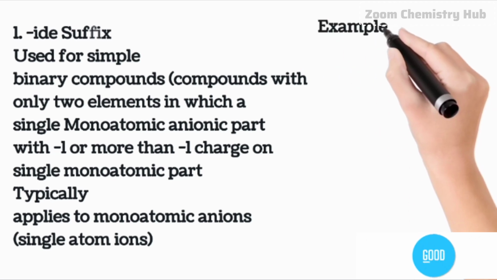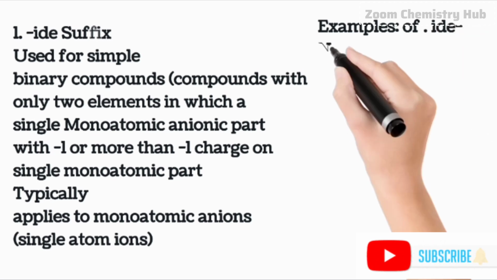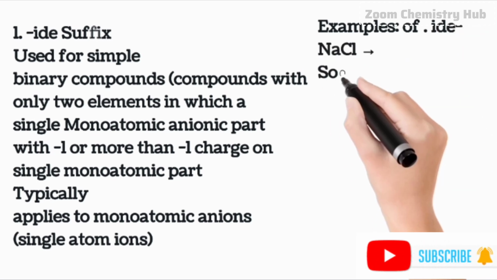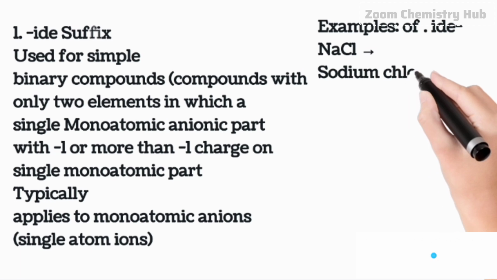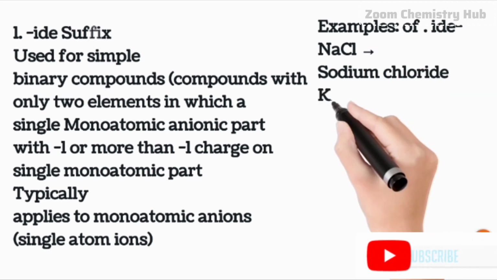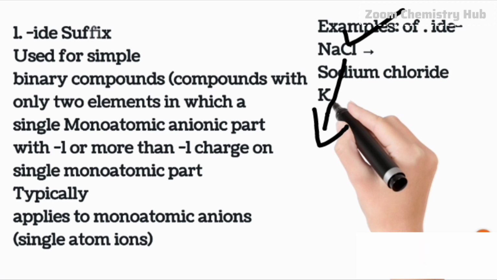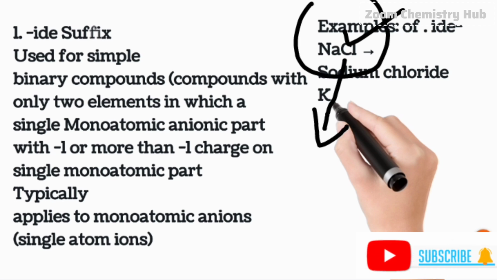Now we take examples of IDE, that is sodium chloride. Here you can see that a single monoatomic ion is present in the ionic compound sodium chloride, which has the suffix IDE.